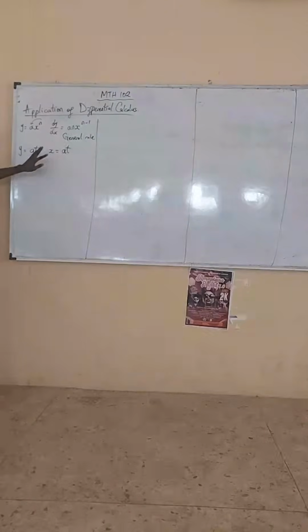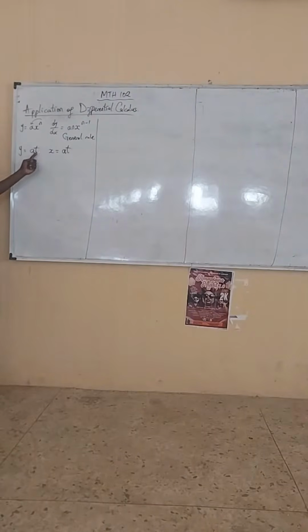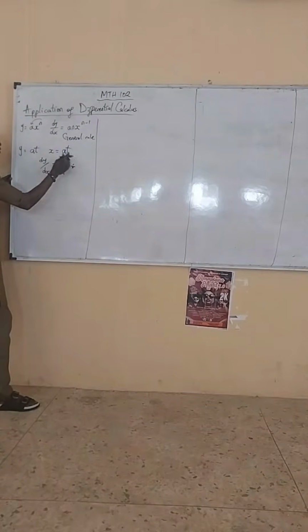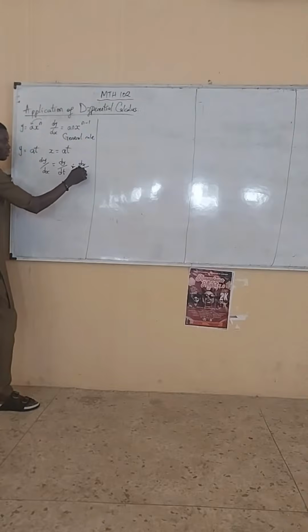Y depends on t, x depends on t. So these 2 are the dependent variables, and only t is the independent variable for parametrics. And so when we have a parametric equation like this, our derivative will be the derivative of y with respect to t, divided by the derivative of x with respect to t.